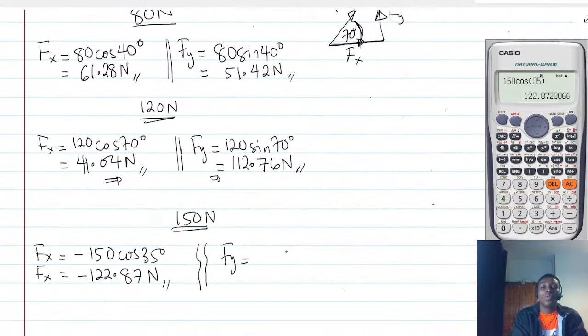So Fy is 150 sine 35. Okay, let's punch this one: 150 sine 35. And that is 86.04.